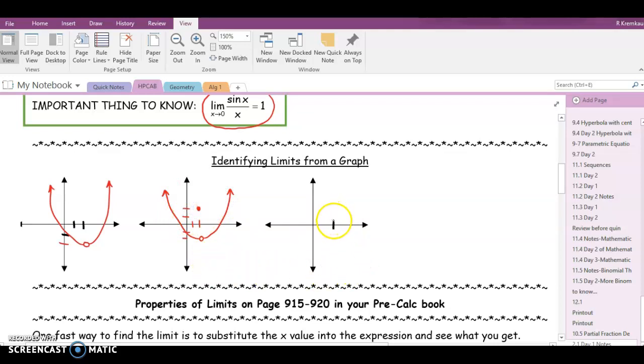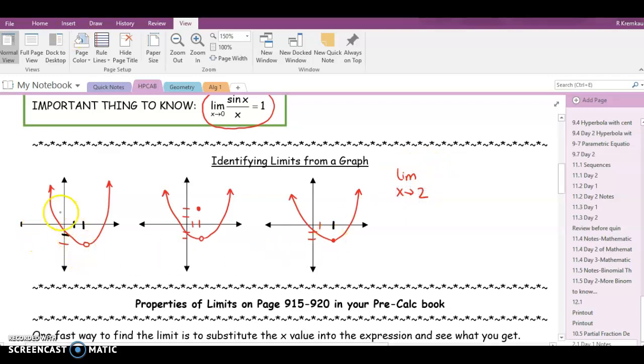For this graph we just have a minimum at 2, -2, no holes, and the parabola opens up. We're going to look at the limit as x approaches 2 for all three of these graphs.